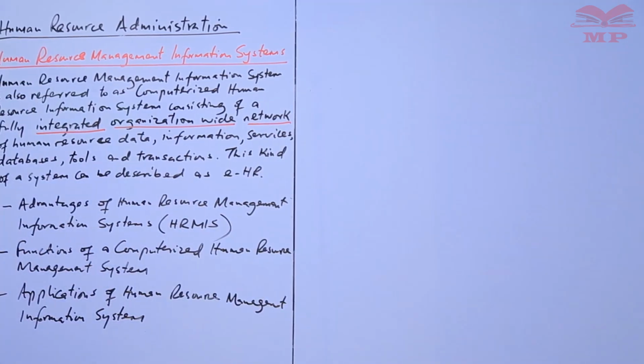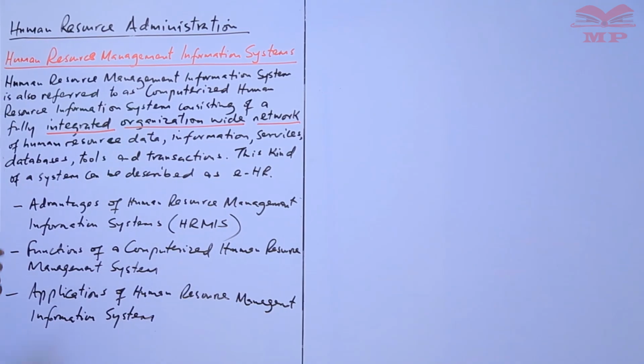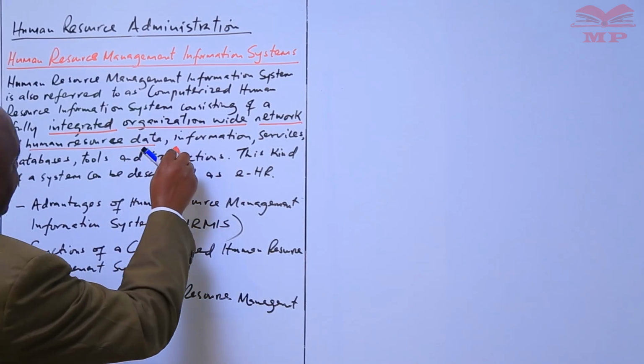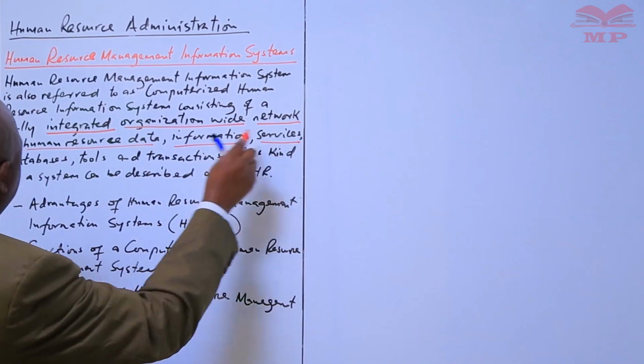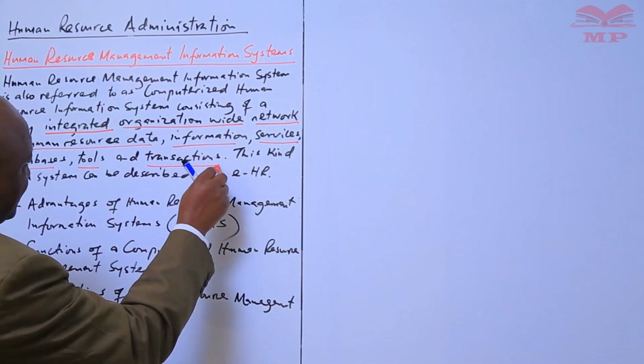What this means is that it brings together all issues relating to administration of workers in relation to human resource data, information, services, databases, tools, and transactions.